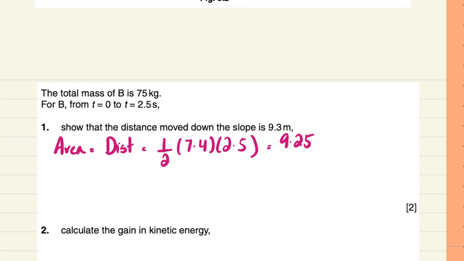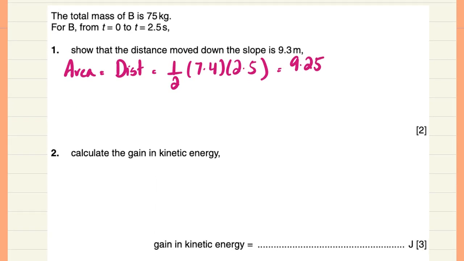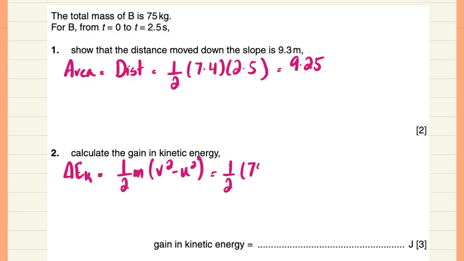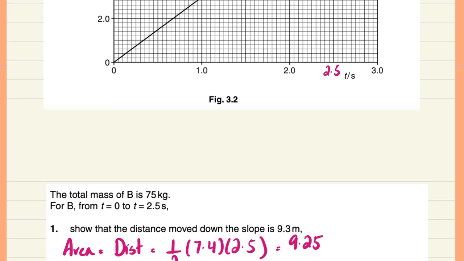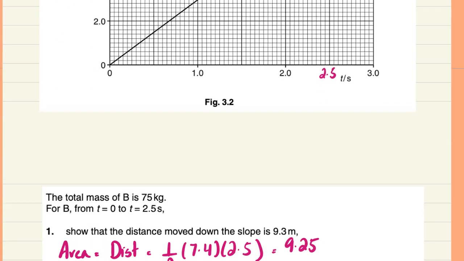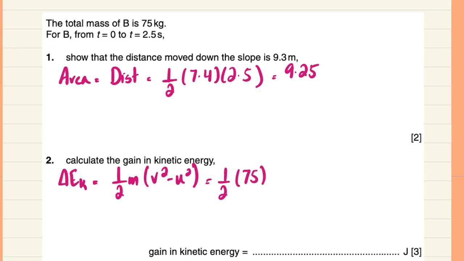All right, next part, the gain in kinetic energy. So gain in kinetic energy is delta EK, for which the expression is half m (v square minus u square), right? So half into 75 into the final velocity, 7.4 square minus 0 square, because initially there is no velocity.